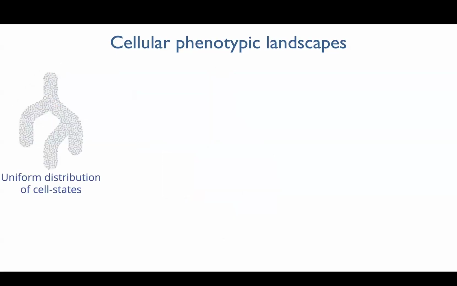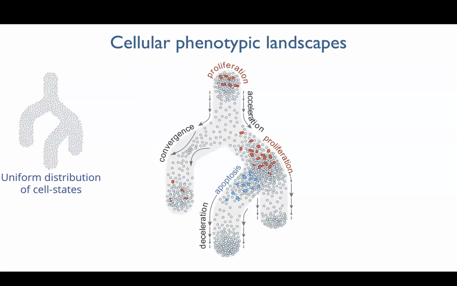But the data already shows, if we have this single cell data, and there are also fundamental reasons why the distribution of cells along this phenotypic landscape, as we call it, is not uniform. For example, when a stem cell is ready, it has to expand, so you are generating a large number of cells which are very similar to each other.